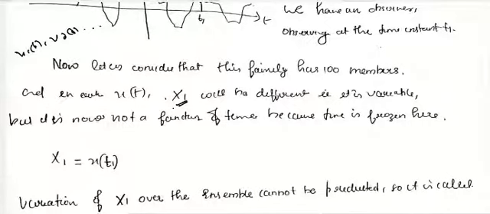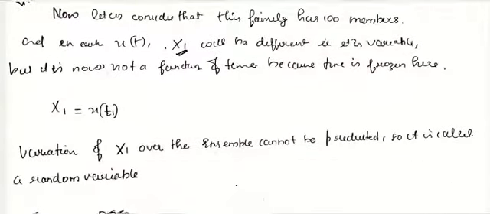We are taking all the functions and taking the value at time t1. What is the variable here? Our x1 is changing from function to function. x1 will have a certain value for x1 of t, and a different value for x2 of t. And the variation of x1 over the ensemble cannot be predicted.